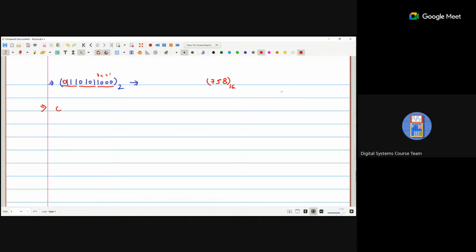Now decimal to octal. The way is similar to decimal to binary.